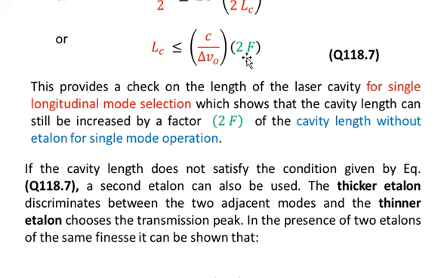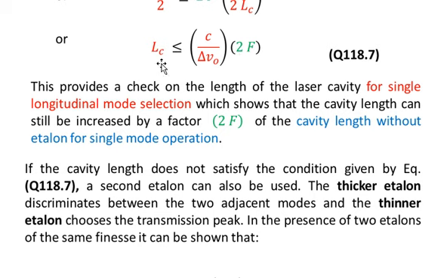If you are not using an Etalon, then the 2f will not be present over here. Then LC will be less than or equal to C over 2 delta nu naught only. So there will be a strong constraint on the value of LC. But if you use a single Etalon, then you can multiply the right hand side by 2f.